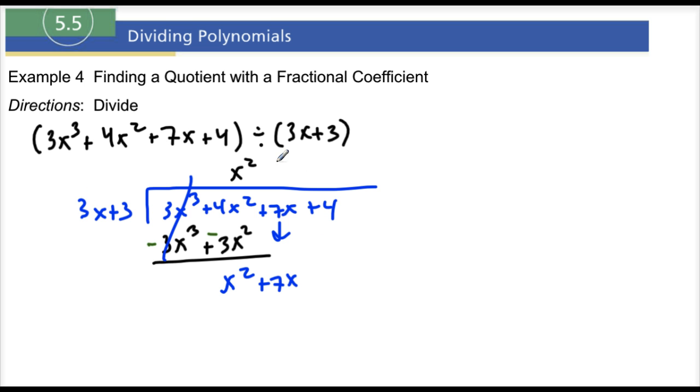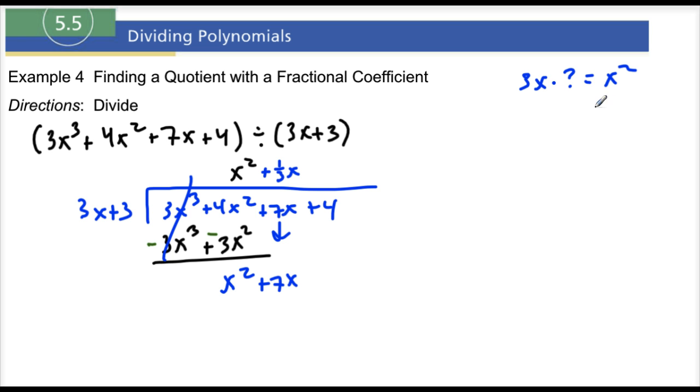3x times what gives us our first term right here, x squared? So 3x times what is x squared? And that's just going to give us a plus 1/3 x. And if you're like, dude, how the heck did you get that? Okay, check this out. So say you just create an algebraic equation here: 3x times what is x squared?